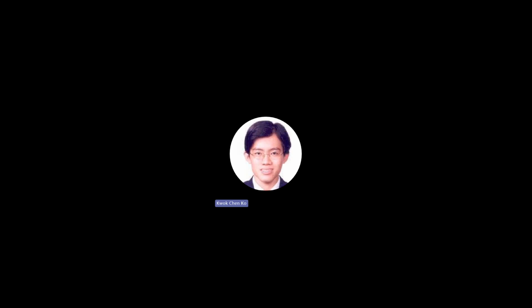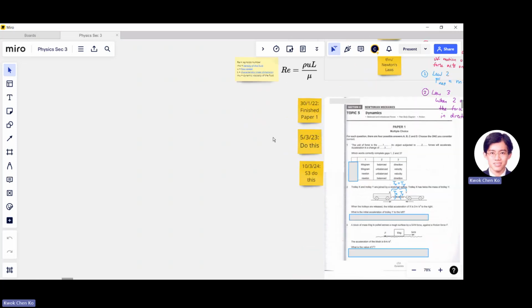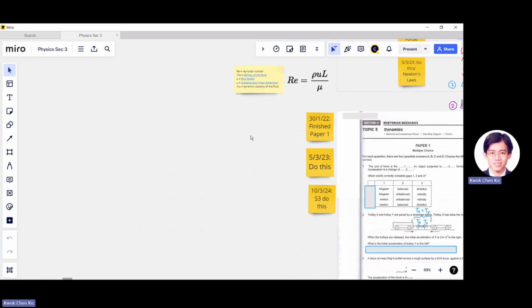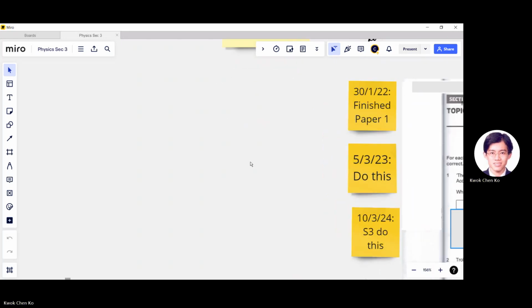Okay, let's go through some basics for forces. Now, this will be a quick revision of what we have gone through last week. Essentially, for forces, you are going to use one basic formula.